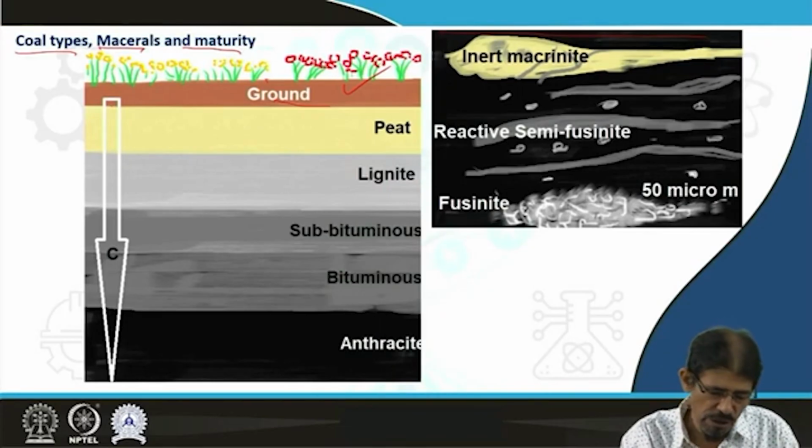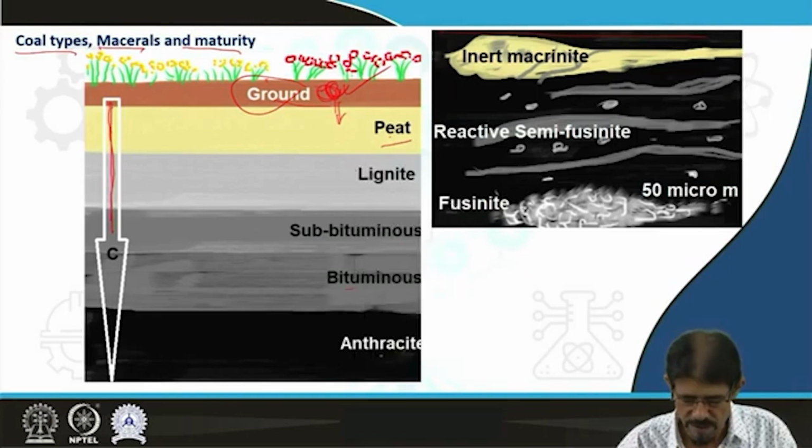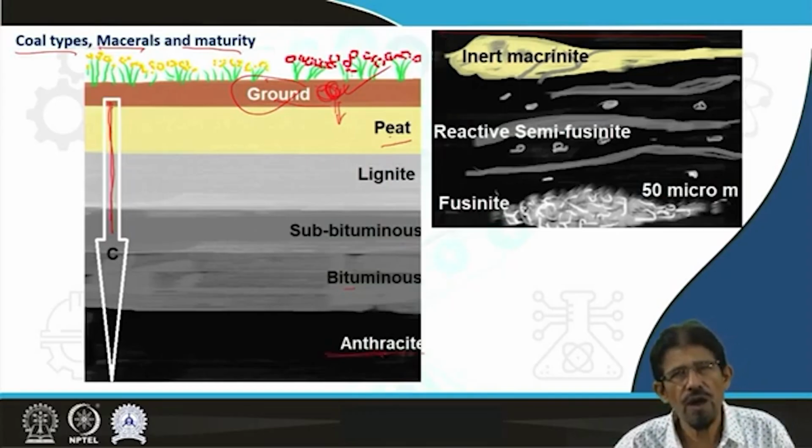As we move from the ground, which has no carbon in the ideal condition, although there is some carbon in soil and others, to peat, there is an increment in carbon in comparison to the ground, then further increments in carbon, and finally anthracite is rich in carbon.